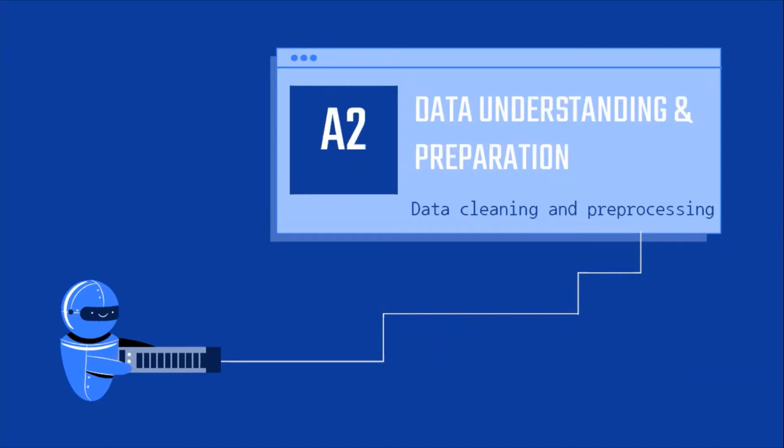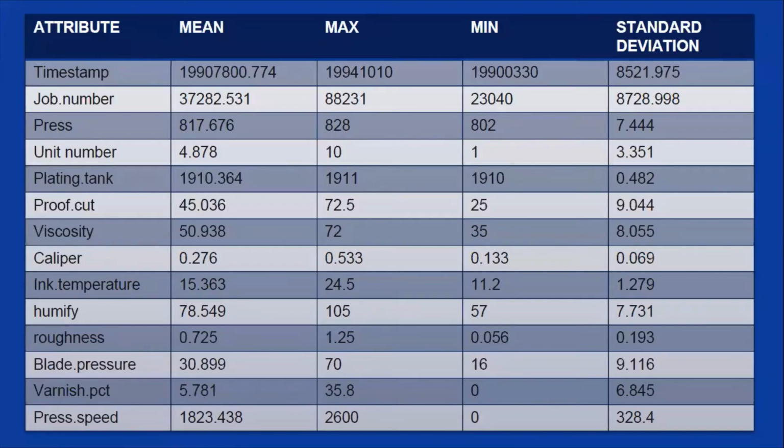Okay, next we will see data understanding and preparation, which is cleaning and pre-processing. This table shows the numeric attributes for this dataset. We have 24 numeric attributes in this dataset, and this table contains the mean, maximum, minimum, and standard deviation of the numeric attributes.